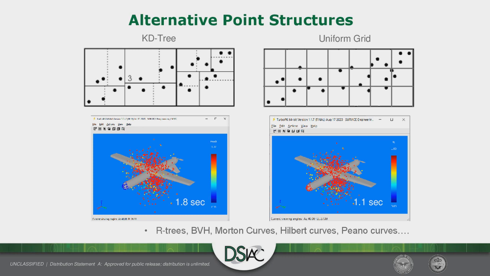I looked at this because it's a simpler algorithm than the KD tree, and it would be simpler to debug, and you're going to have to debug it at some point, trust me. And it turns out the uniform grid was actually faster than the KD tree. There are all kinds of other algorithms here for radius search: R-trees, bounding volume hierarchies, space filling curves, Morton curves, Hilbert curves, and so forth. So this is a rich playground of things if you're into that.